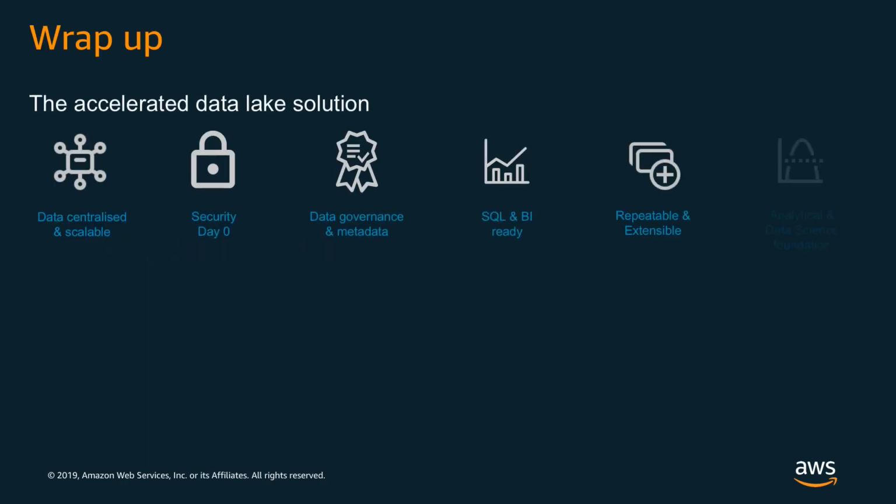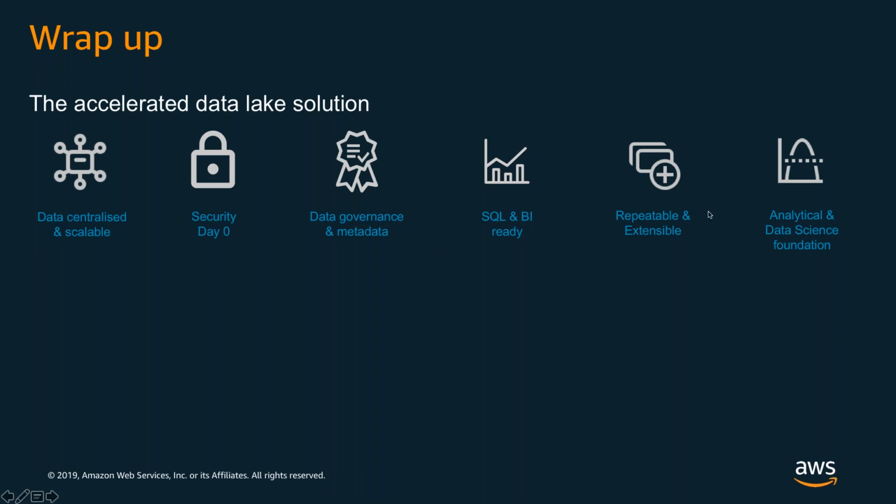Okay, so to wrap up, the accelerated data solution really gives you the ability to centralize and scale your data. You can have security from day zero, so the moment it lands in the environment, you know that only the users or services who should be able to access that data can. You know where the data came from. You can have data lineage, data owners, application owners the minute the data arrives. You can query it using languages and tools that are common today.